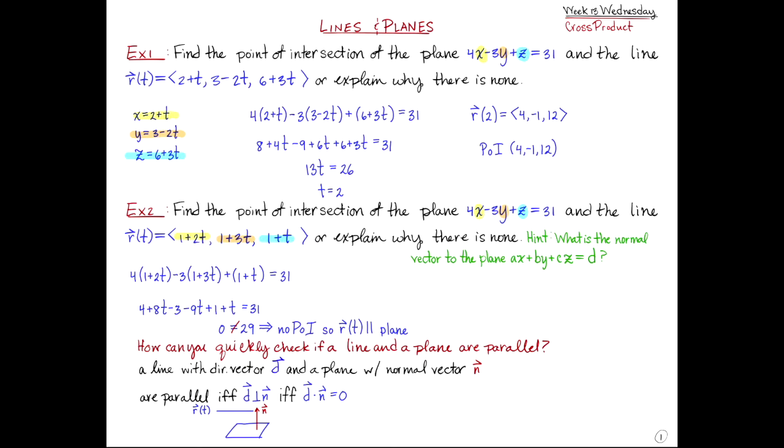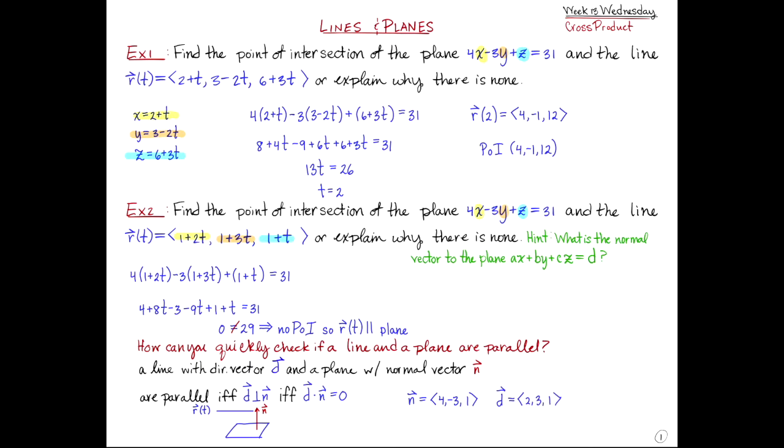If ever you're in doubt, a quick sketch really helps to make it clear whether they're parallel or perpendicular. Let's go back to example 2 and let's check our work. The normal vector from our plane is equal to 4, -3, 1. The direction vector of our line is 2, 3, 1.